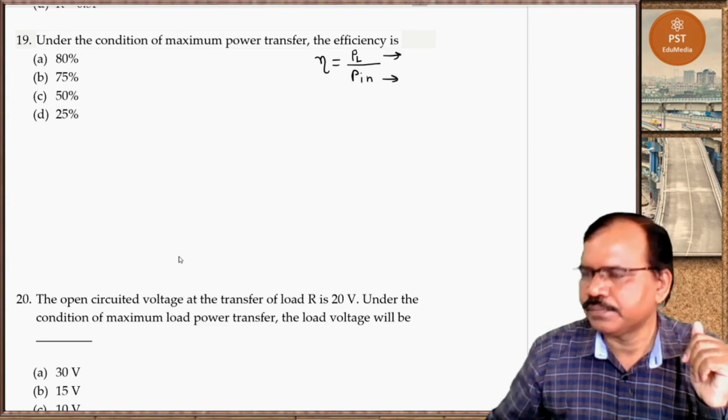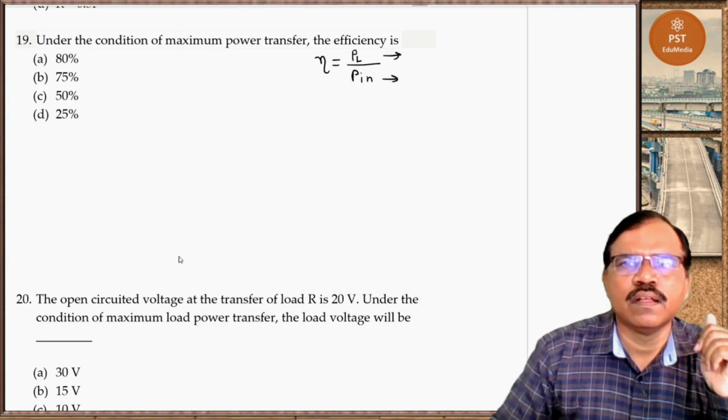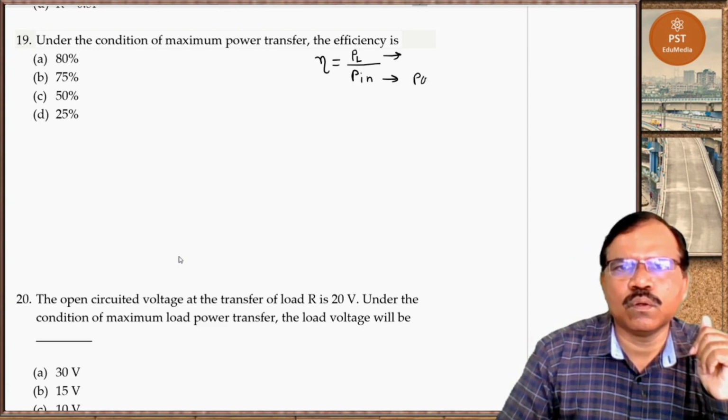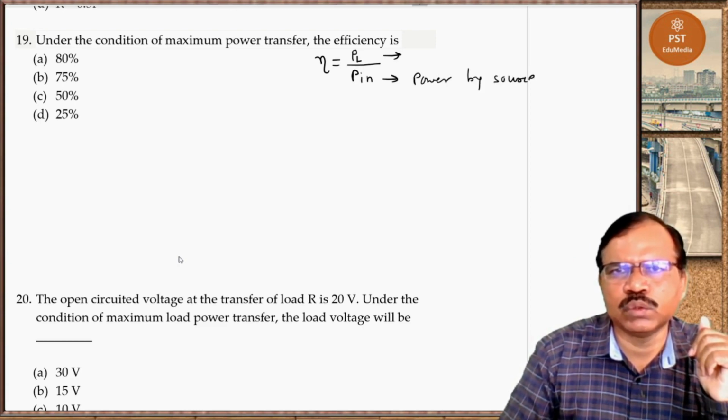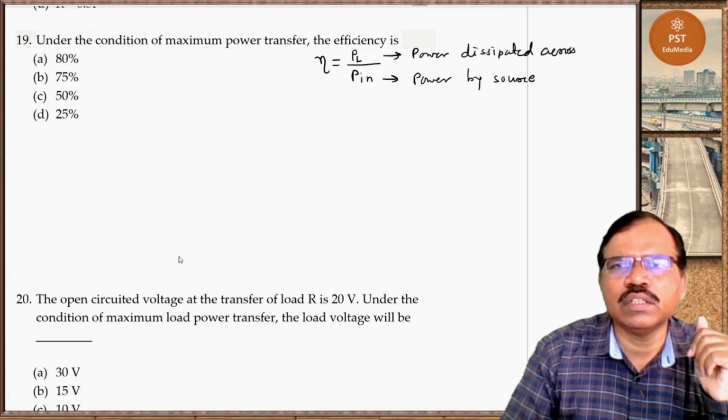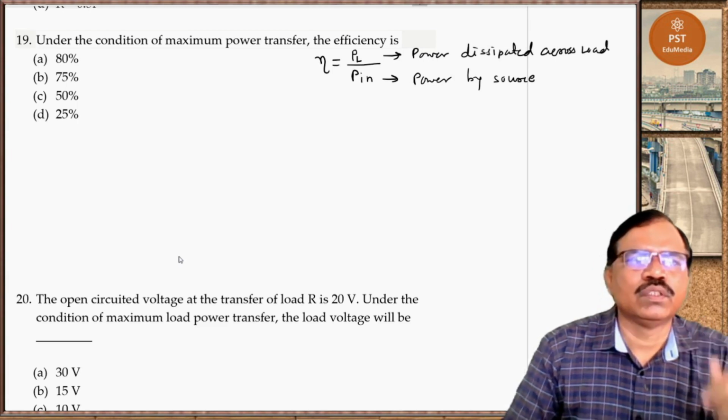So here, power developed by the source and power dissipated across the load.